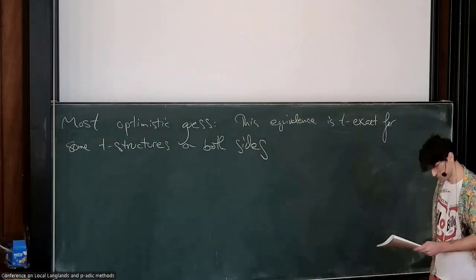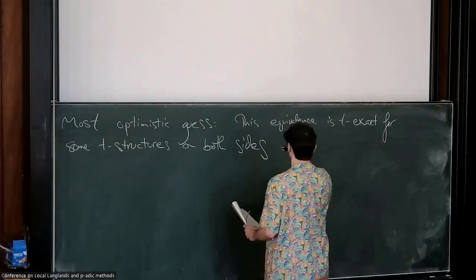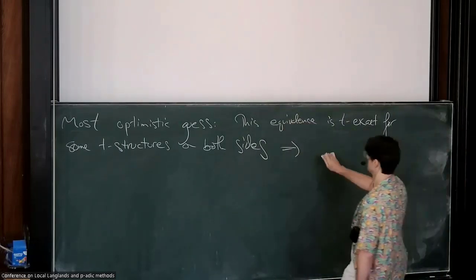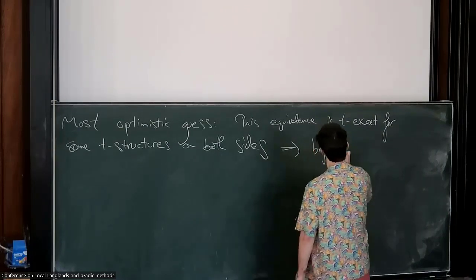Okay, and so if this were true and you had a handle on these T structures, this would let you go from here to some bijection between irreducible objects on both sides.